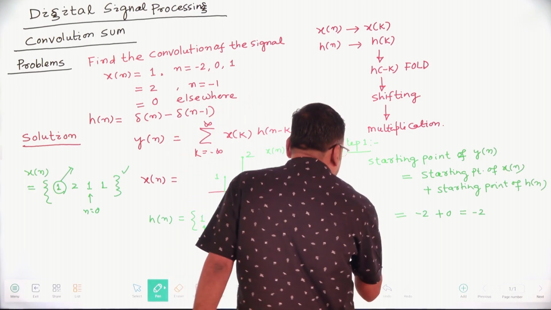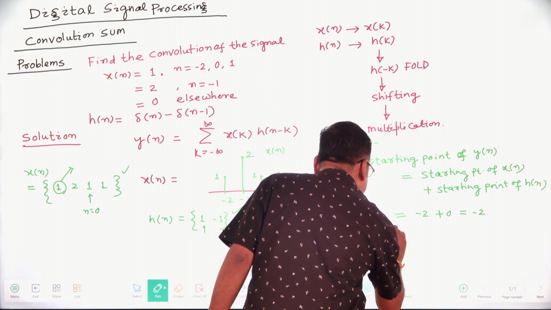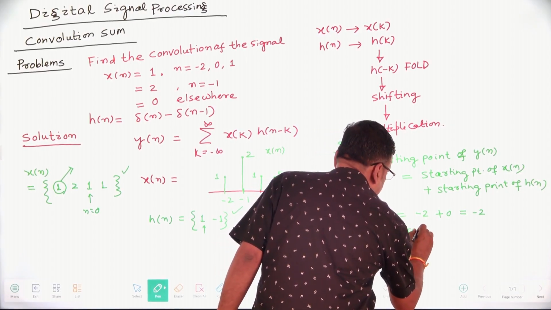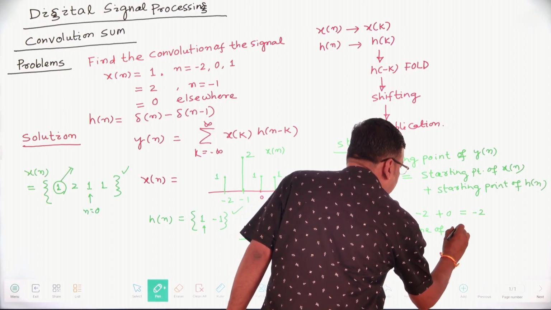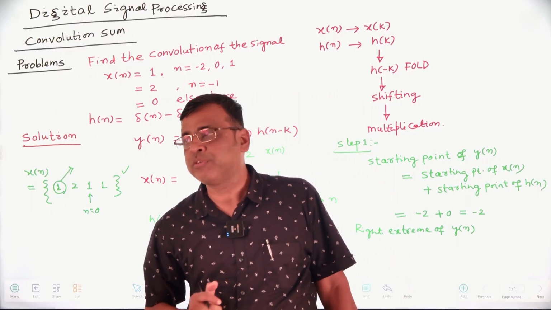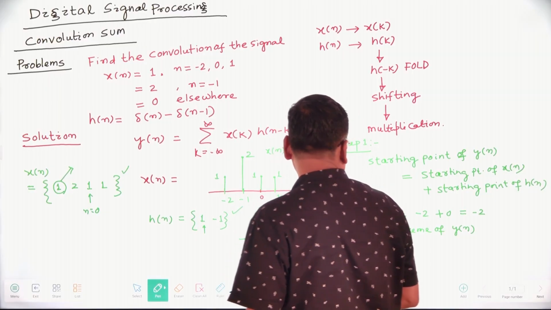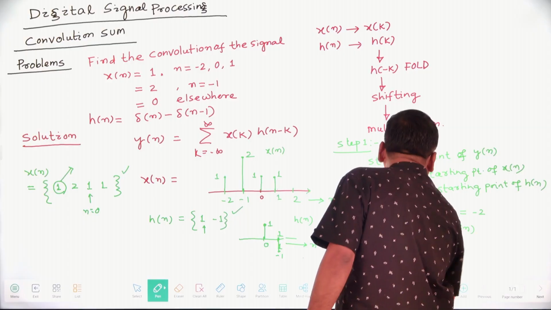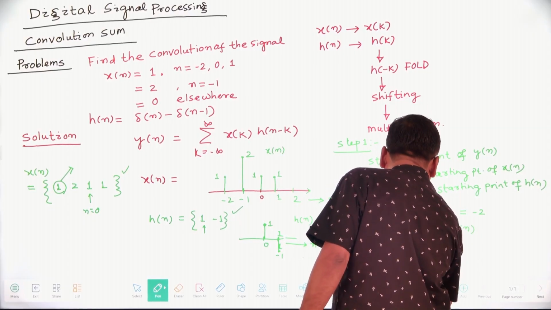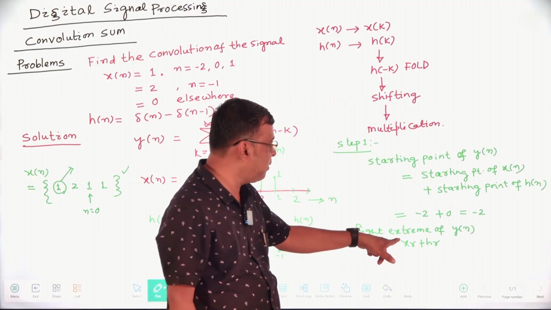Then the right extreme of y of n. Y of n is your output signal, the signal we are going to evaluate. The right extreme of y of n is XR plus HR, where XR is the right extreme of x of n.